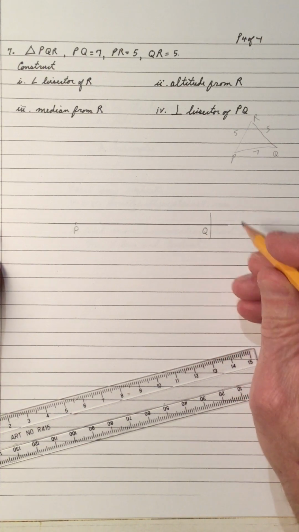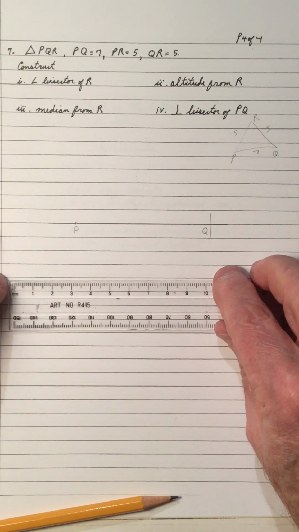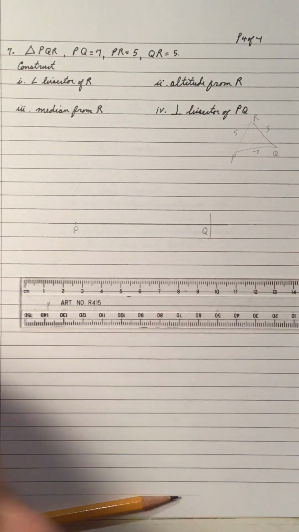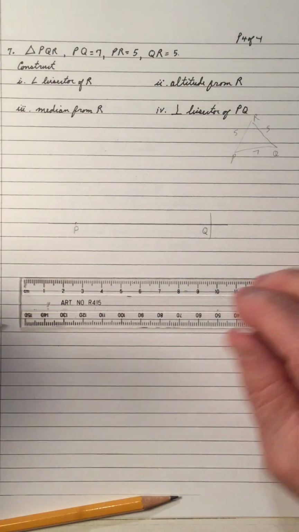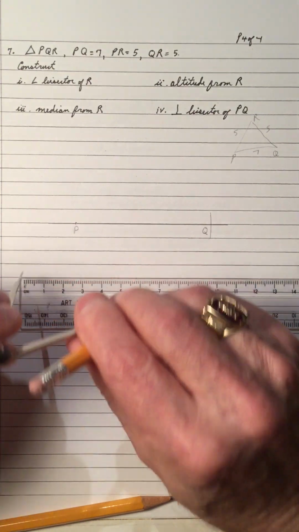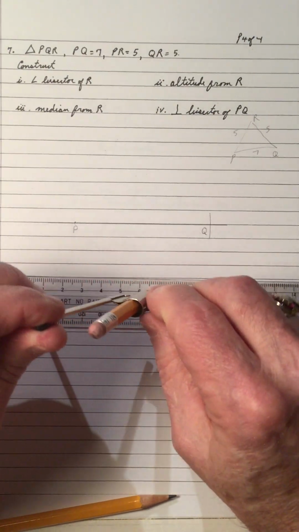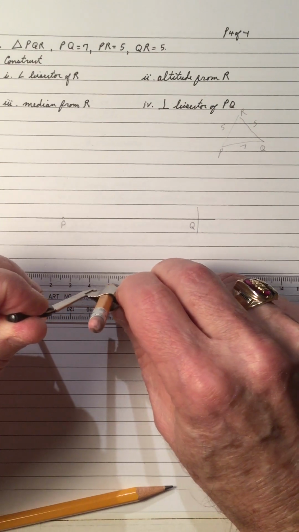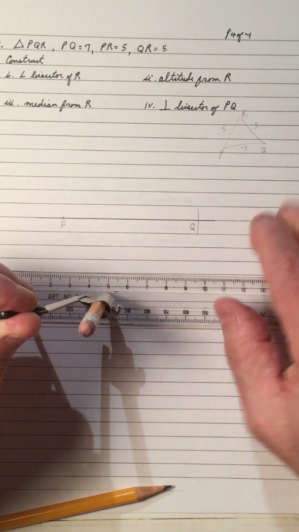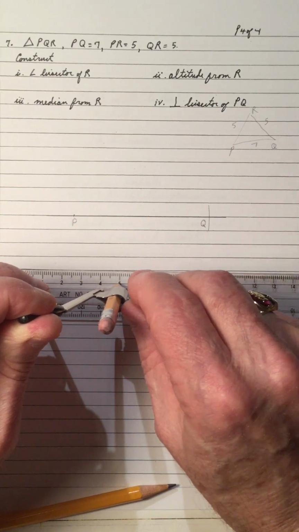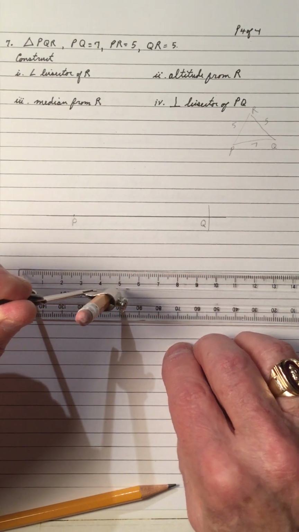So now I have to mark off PR is 5. When I do the second one, I need to use the compass. So there's right at 0, 5 is right there. So PR is 5.